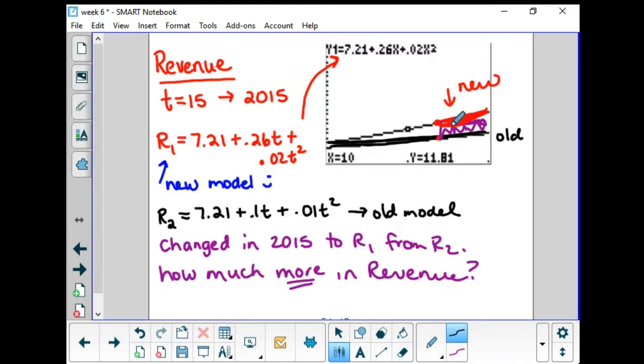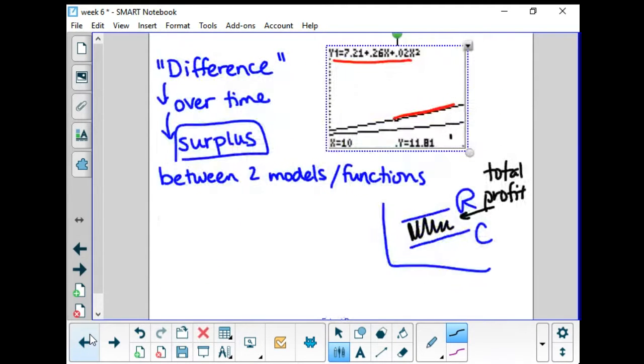Just depending on what these functions are measuring, we're going to verbalize this area between them differently. But the common link is the area between the two is the difference over time, or the additional or surplus of value from one function to the other.